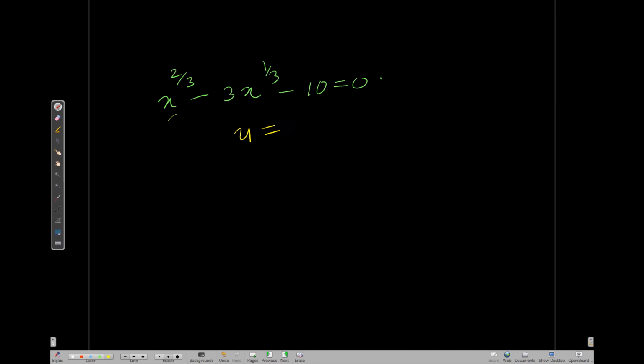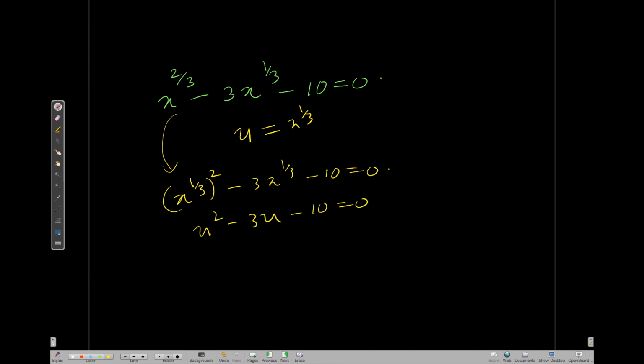Okay, see, this guy actually, if you look, is x to the 1/3 squared, right? And then x to the 1/3, minus 10 equals 0. See, what if you do this substitution? This becomes u squared, this becomes u, so we have factors.